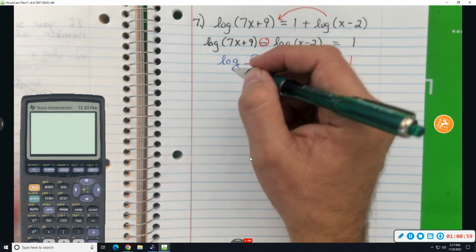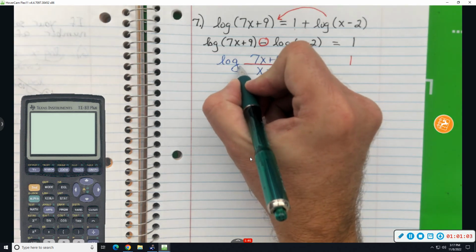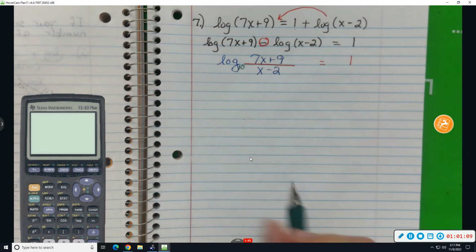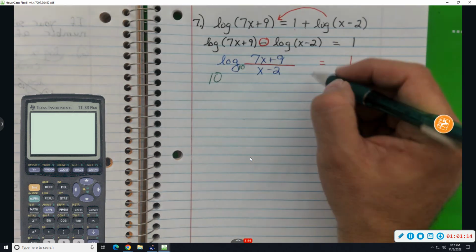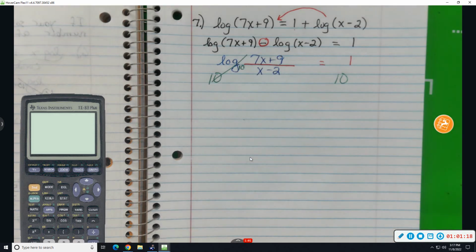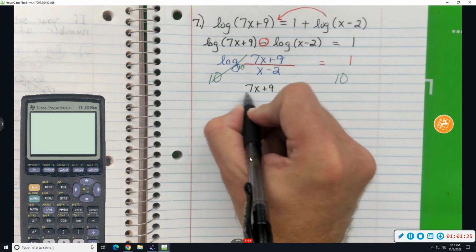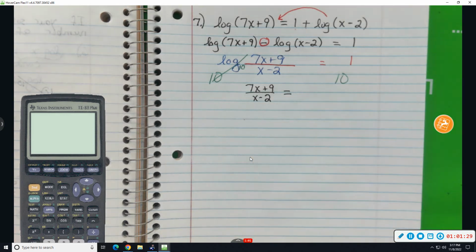And you might say, well, that's what I'm afraid of. Okay. There's not a base showing, so what little base do we assume is right here? A 10. So to cancel out that logarithm, we put a big 10 on each side. All of that goes, and we just have 7x plus 9 over x minus 2 equals.